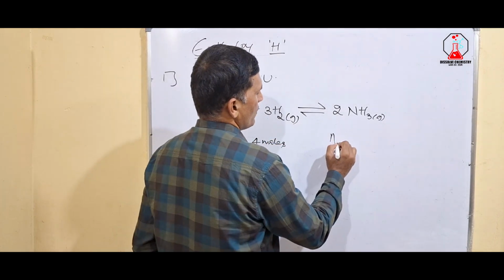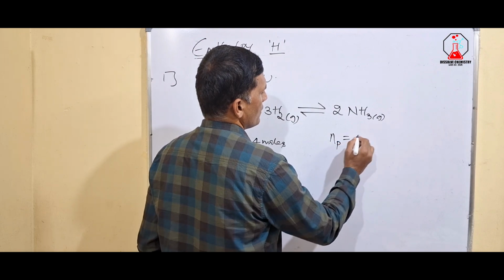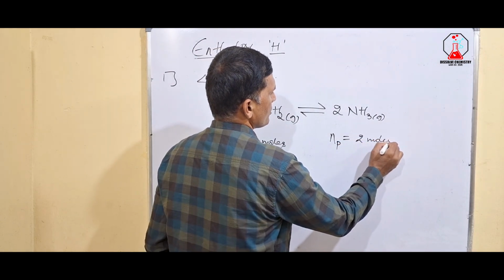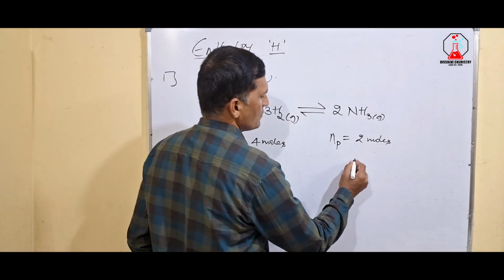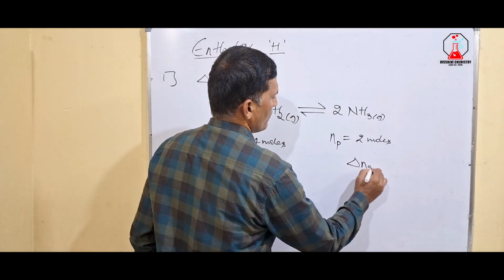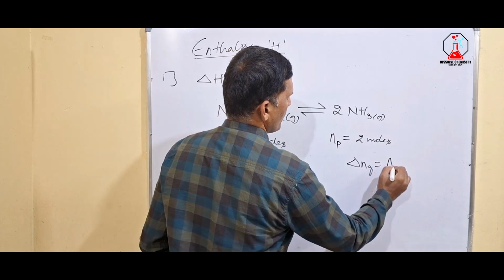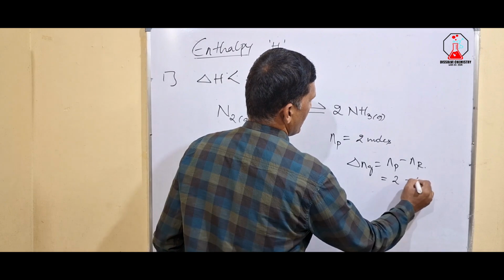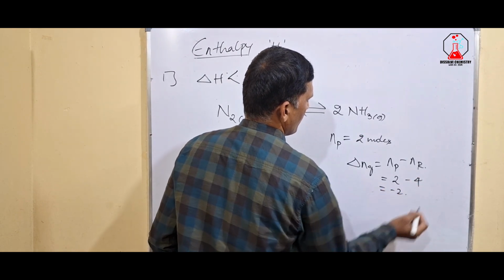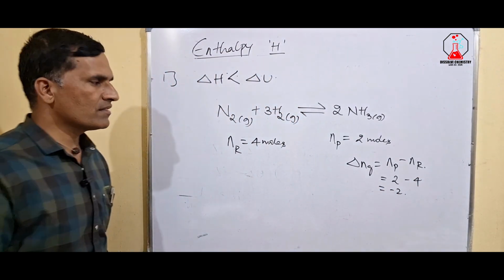Similarly, the number of moles of gaseous products will be 2 moles. So the change in the number of moles of gaseous reactants and products will be Np minus Nr, where Np is 2 and Nr is 4, so it will be minus 2. The delta Ng value is negative.